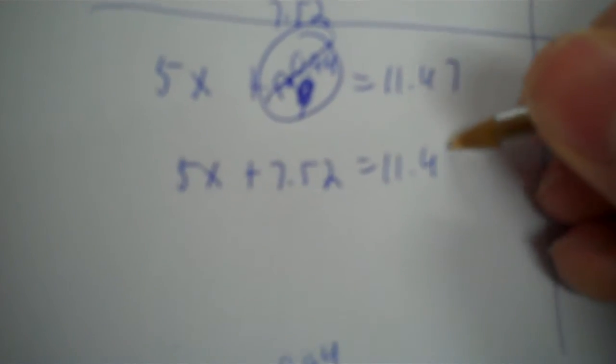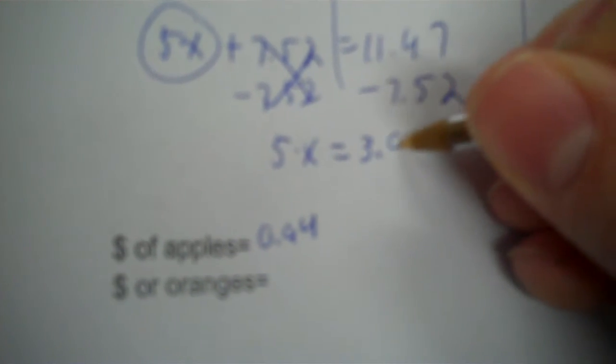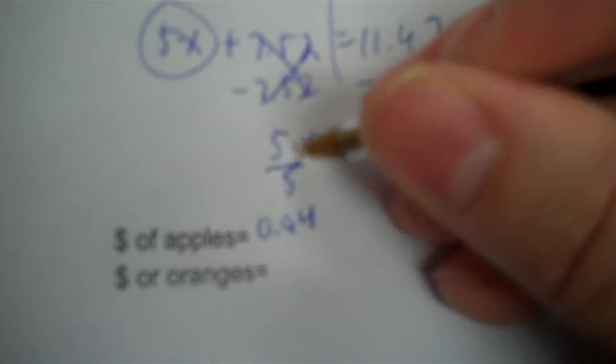So 5x plus 7.52 equals 11.47. Okay, then I'm going to minus the 7.52 and divide by 5. Okay, that's going to be $3.95. And then I divide by my 5.